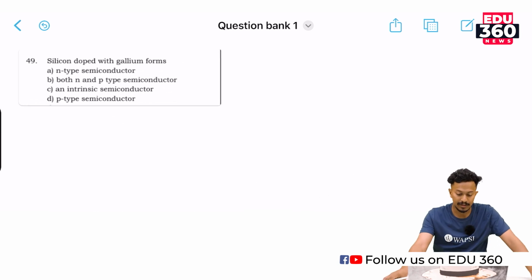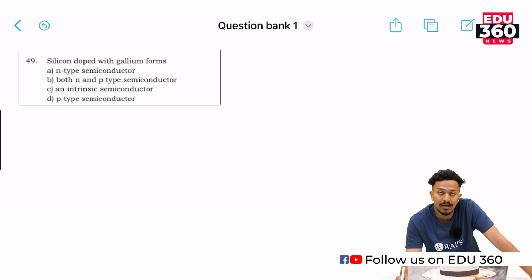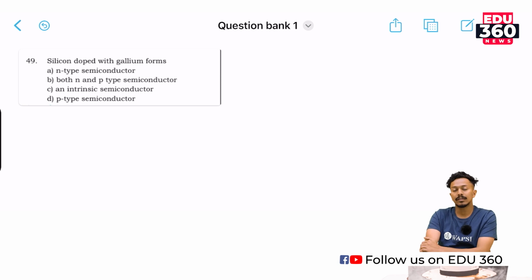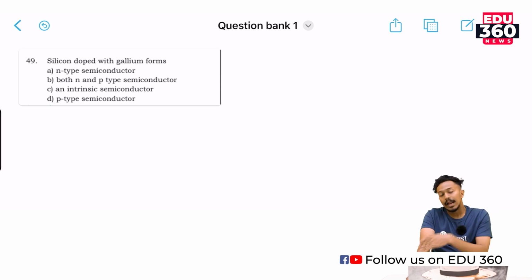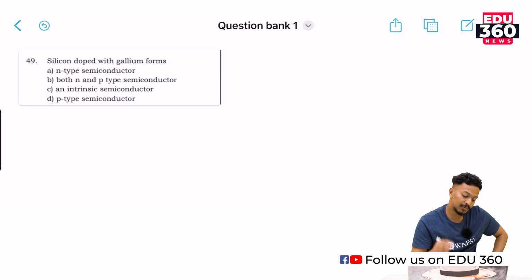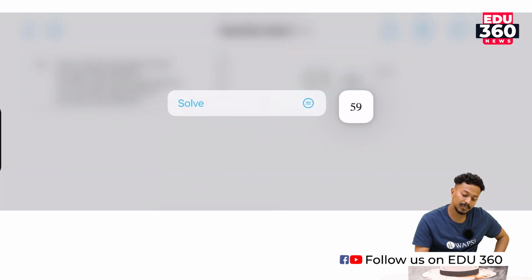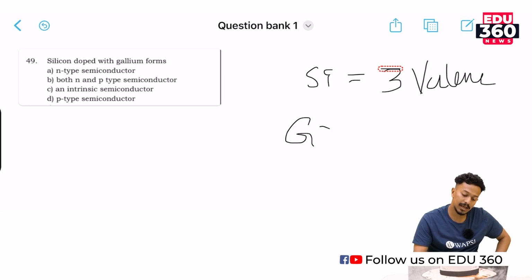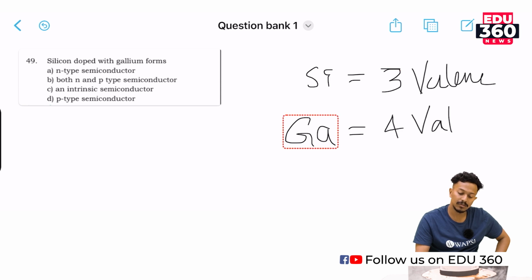Silicon doped with gallium forms what type of semiconductor? We do know that extrinsic semiconductors are formed by doping another type of element into the parent element. So here silicon is doped with gallium. Gallium has 3 valence electrons, and silicon has 4 valence electrons.